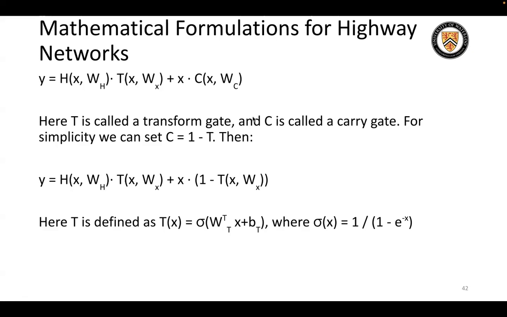For simplicity, we often set C equal to 1 minus T. Then Y is simply equal to H of X times T of X plus X multiplied by 1 minus T of X. Here, T of X is defined as the sigmoid of WT X plus BT, where sigmoid of x is defined as 1 divided by 1 plus e to the power of minus x.